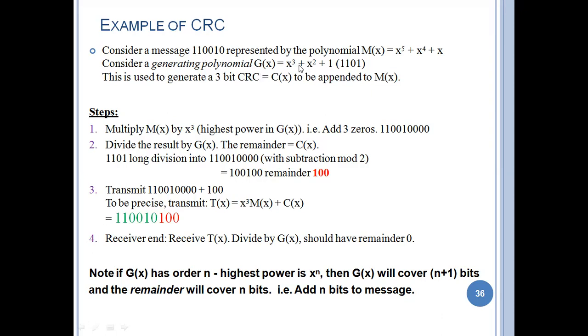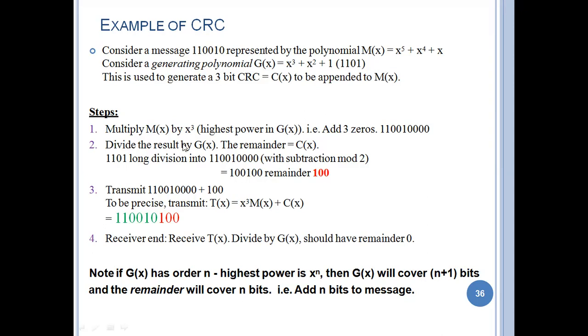X cube plus x square plus 1; x is not here, so its coefficient is 0, and for that purpose we write 1. From this side to this side: x naught plus x power 1 plus x power 2 plus x power 3 plus x power 4 plus x power 5. X naught is 0, so no need to write. X power 1 is 0, x power 2 is 0, and x power 3 is 0, so no need to write. X power 4 plus x power 5. This is how we write the polynomial equation.